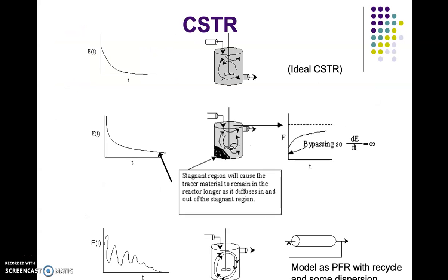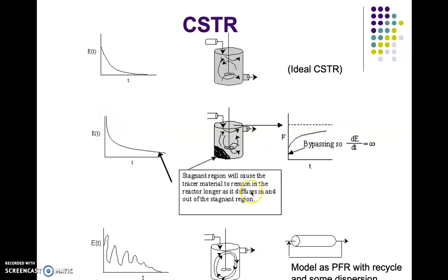For this slide, let's consider the CSTR. This is an ideal CSTR, or ideal perfectly mixed flow reactor. This is the kind of E curve that you're supposed to have, with a short tail. If your CSTR has a problem with a dead zone, you see there is a longer tail here, right? Similarly along this y-axis.